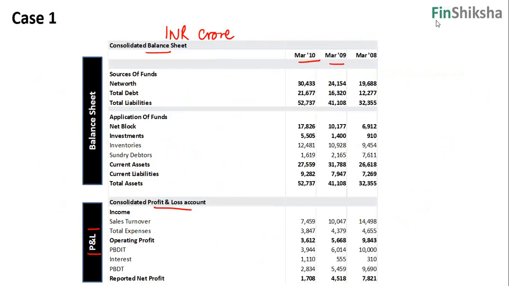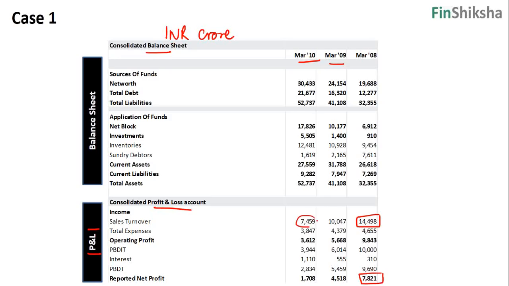And if I were to ask you to think about which year do you think is the best year in this set of statements, what would you think would be the answer? If you look at these numbers carefully, you'll probably believe that the sales are the highest in 2008 and the profit is the highest in 2008. The company was selling something around 14,000 crore and making a profit of 7,800 crore on that.